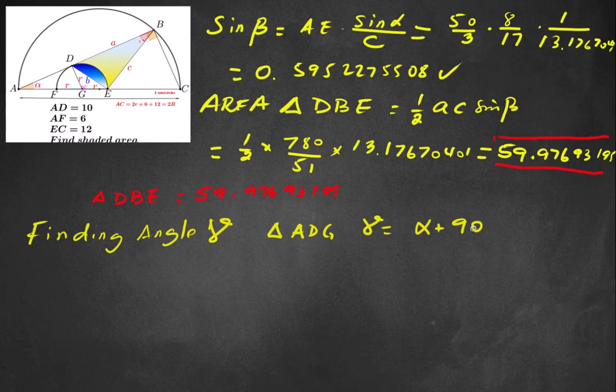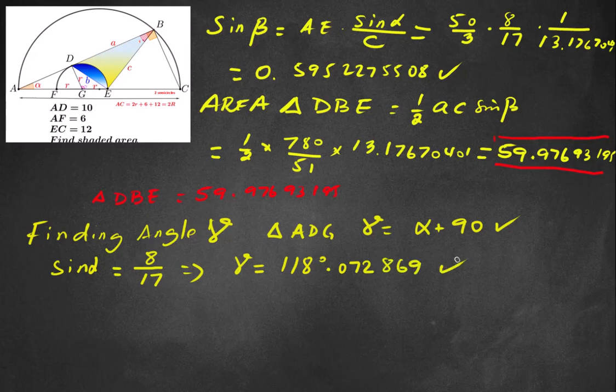We can find alpha from sine alpha, or cos alpha, whichever we use, which is equal to 8 over 17. So we can find alpha, plug in here, and gamma is equal to 90 plus whatever angle we find, giving gamma equal to 118.07248696.